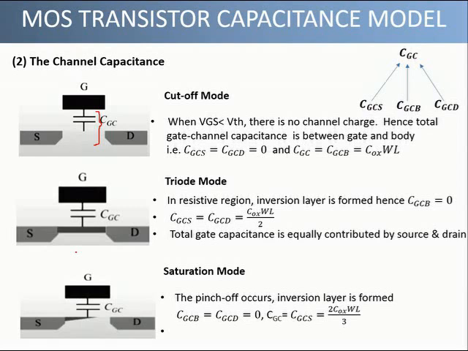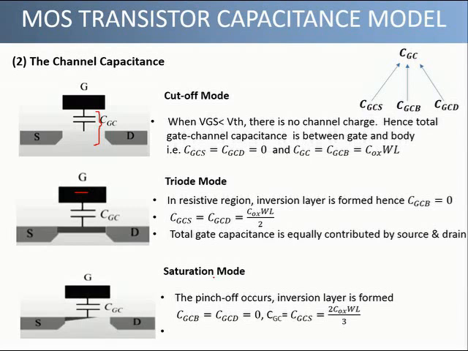Why? Because we have a metal with free electrons over here, then we have a dielectric, then we have a conducting channel of free electrons over here, and then we have a body substrate which contains a large number of free holes. So there is no direct capacitance between gate and body due to the presence of an intermediate channel of electrons.